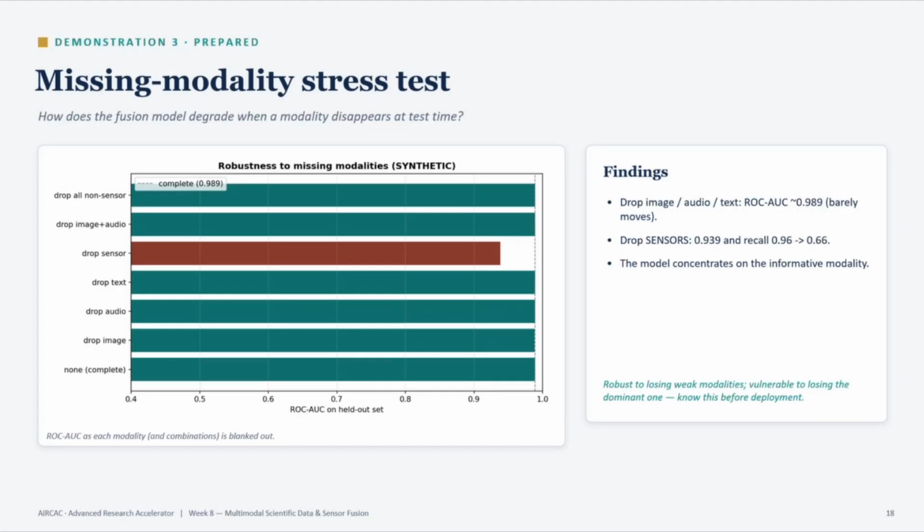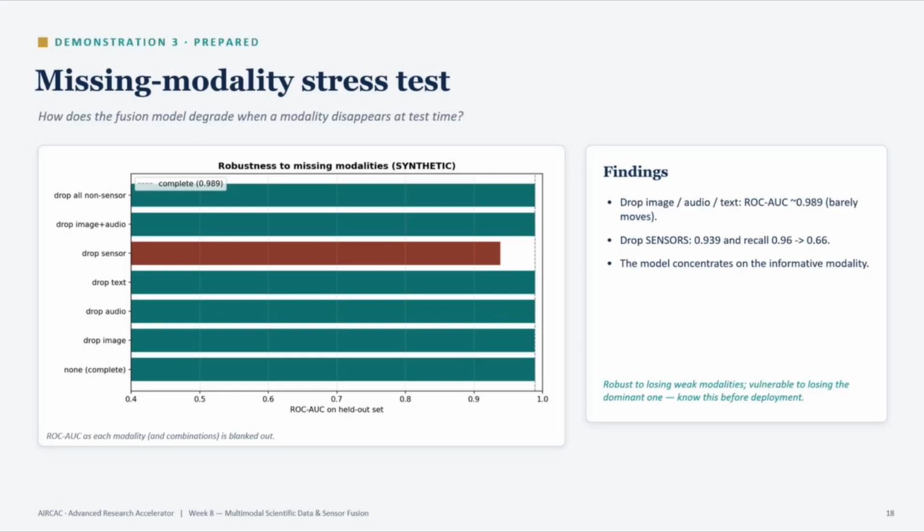It shows how the model will react to the missing data. So we can find here that it is robust to losing weak modalities, but vulnerable to losing the dominant one.